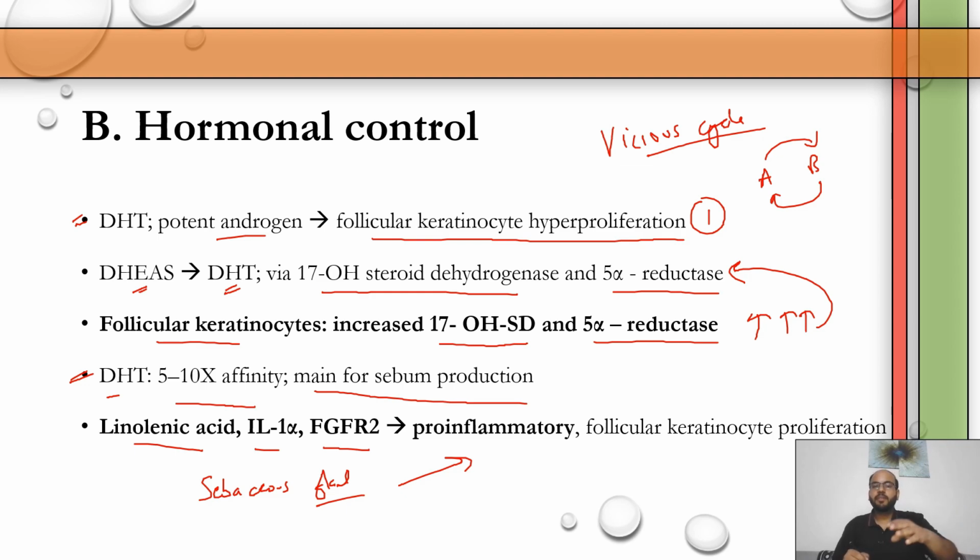They are pro-inflammatory. If linoleic acid, interleukin-1 alpha, and FGFR2 are increased in keratinocytes, they will lead to inflammation and subsequent follicular keratinocyte proliferation also. So that is how the increased production of follicular keratinocytes leads to inflammation.